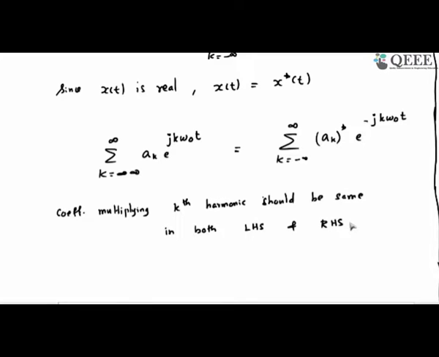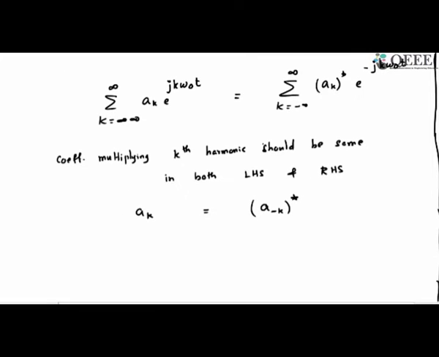In the left hand side, the coefficient corresponding to the kth harmonic is a k, and in the right hand side the coefficient corresponding to the kth harmonic is a minus k conjugate, because a k conjugate is multiplying the negative kth harmonic. So what will be multiplying the positive kth harmonic will be a minus k conjugate.